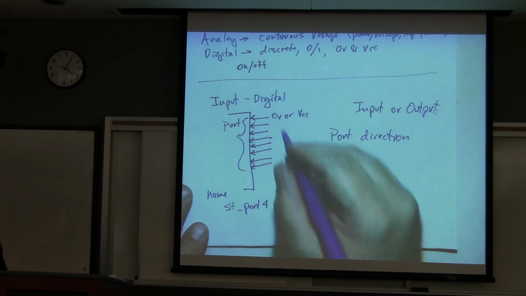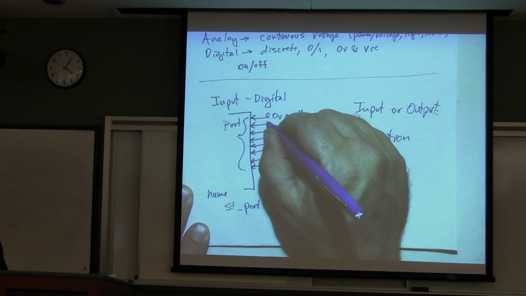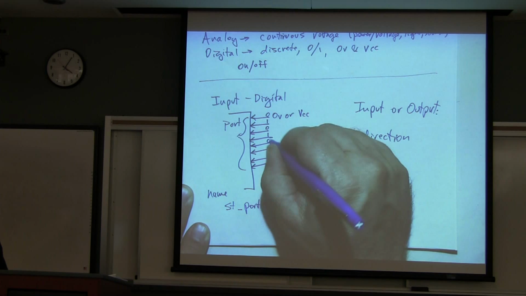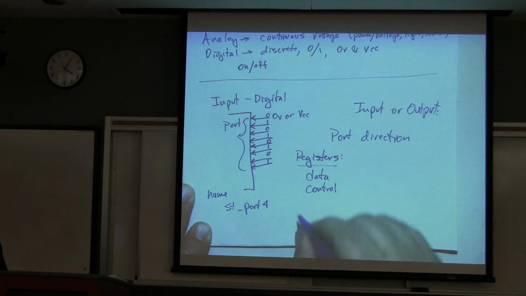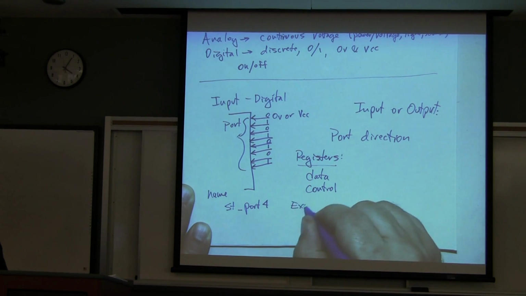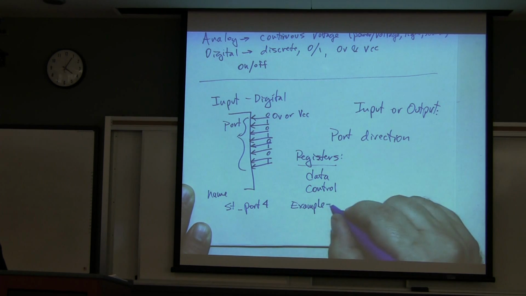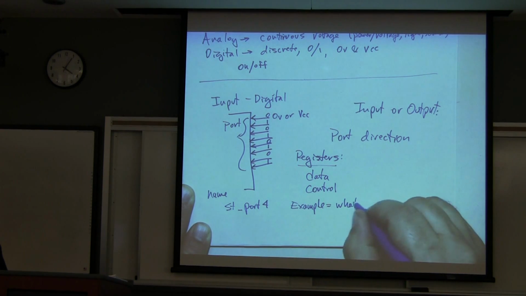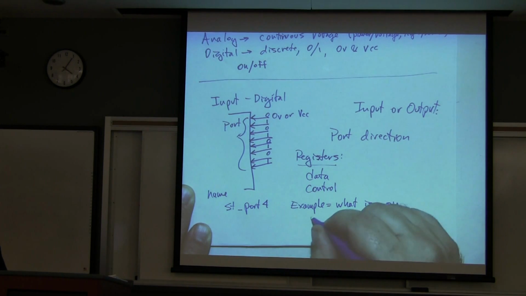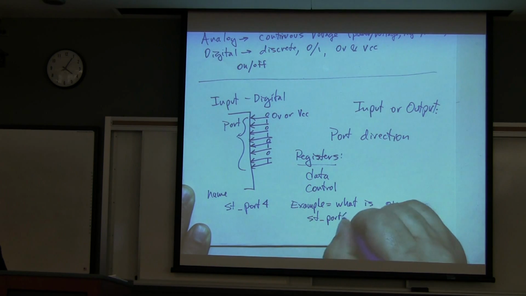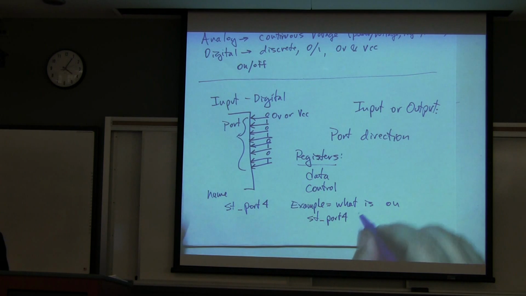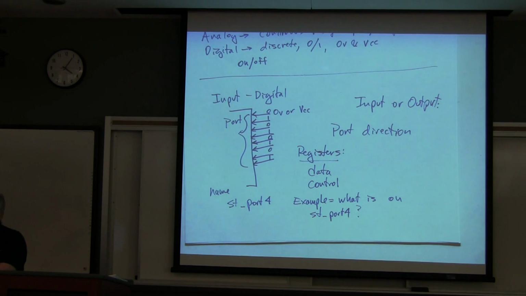If I were to say this is going to be 0101 0101, and I would ask what is on ST port 4, the answer is 55 hex. All right. I hear 0, I hear 1, I hear 55 hex.